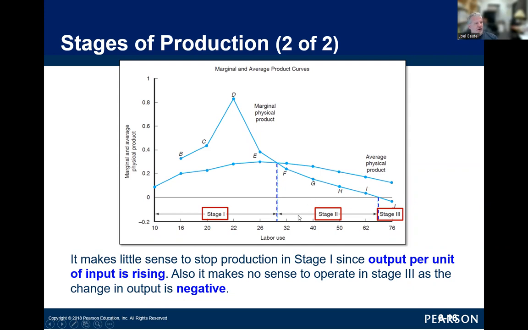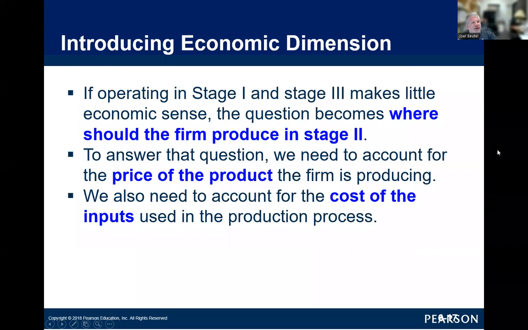We're going to end up somewhere in that stage 2. If we're operating in stage 1 and stage 3, there's not a lot of economic sense. Stage 1, you could just add more workers and make more money. Stage 3, why wouldn't you cut off workers and make more money, right? So where we're going to produce is somewhere in stage 2.